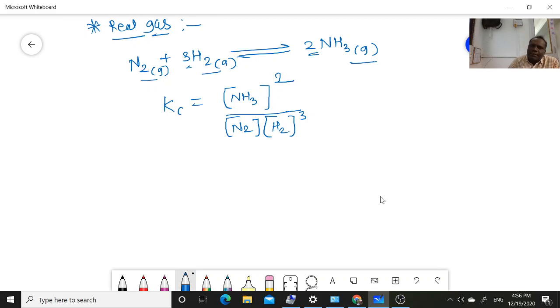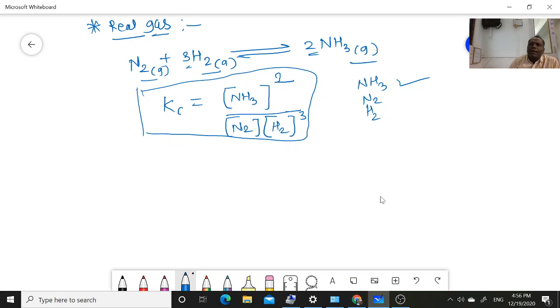This Kc is written in terms of the concentrations of nitrogen, hydrogen and ammonia if they are given in moles per liter.